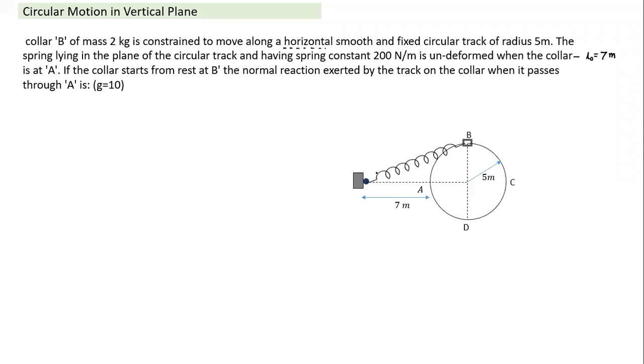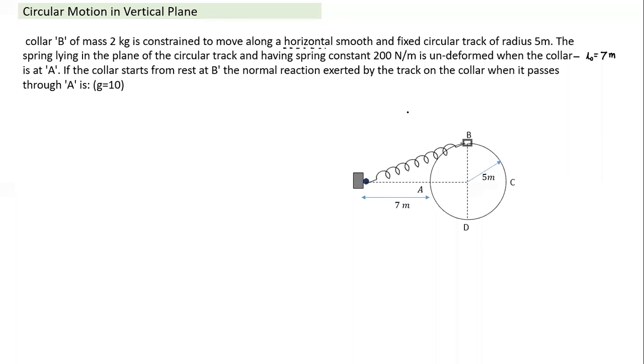If the collar starts from B, suppose the collar was here, you can apply a force and slide it back, pull it and bring it up to here. So you bring it here and suddenly release the collar. As soon as we release it, this spring applies a force, which will make it slide and move along the circular path. I hope all of you can visualize what kind of motion it will have.